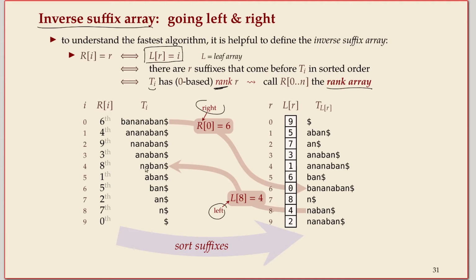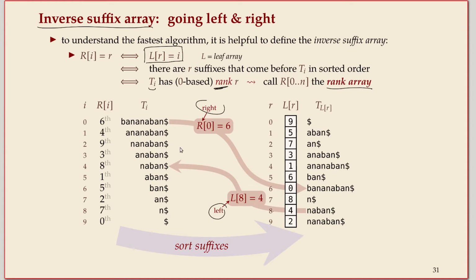And if you go on the left, that's where it is. And then the inverse suffix array is just the opposite. If you have the starting index in the text, say 0, the whole string, and you'd like to know where in the sorted order this thing belongs, what's its rank, you take R of that starting position, and that tells you where on the right you find it. So going right and left, that's what these two things do.